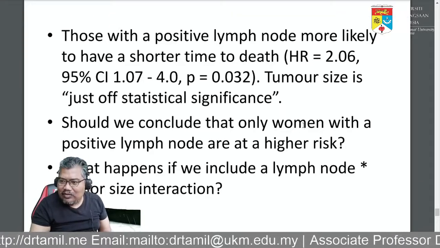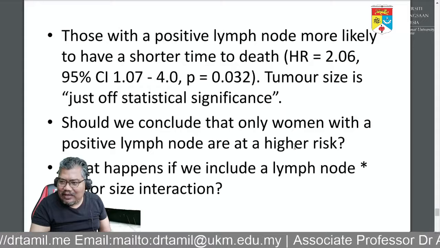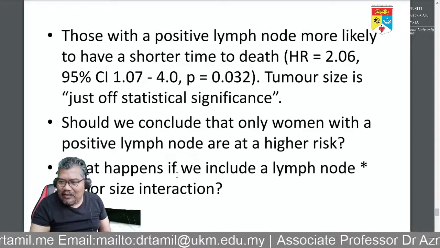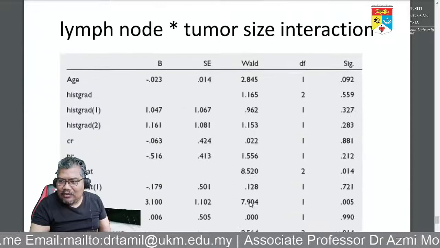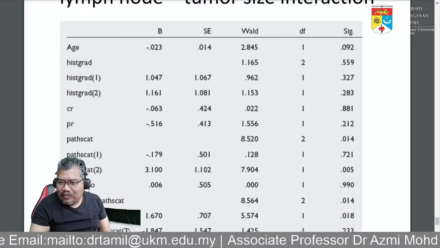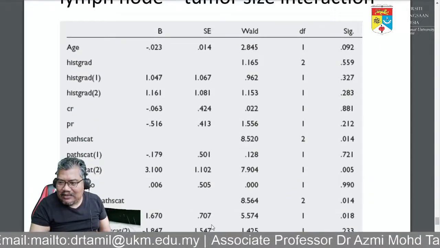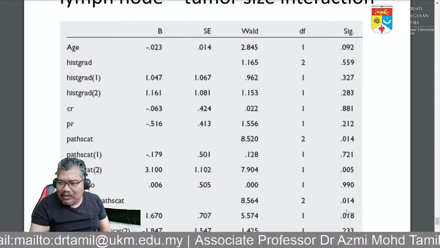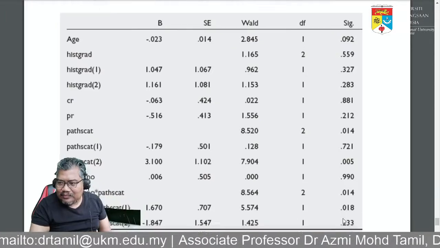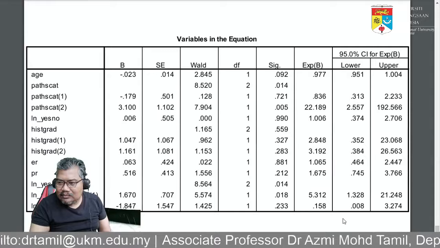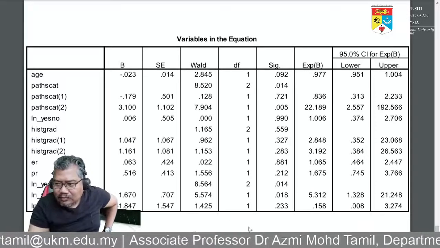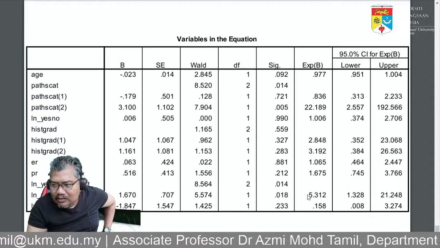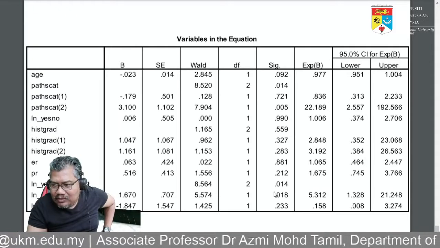So should we conclude that only women with positive lymph node are higher risk? What happens if we include a lymph node and tumor size interaction? So that's what we did. We did the lymph node and tumor size interaction, and we got it to become significant, 0.018.